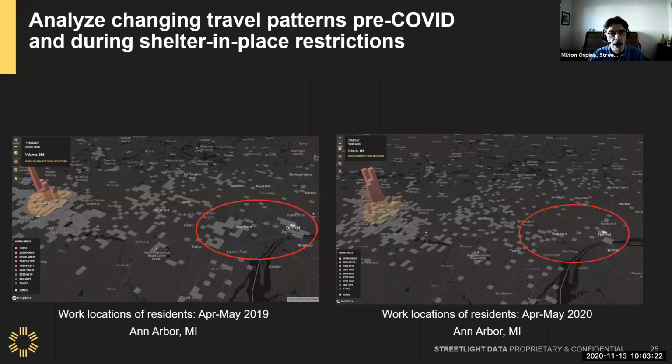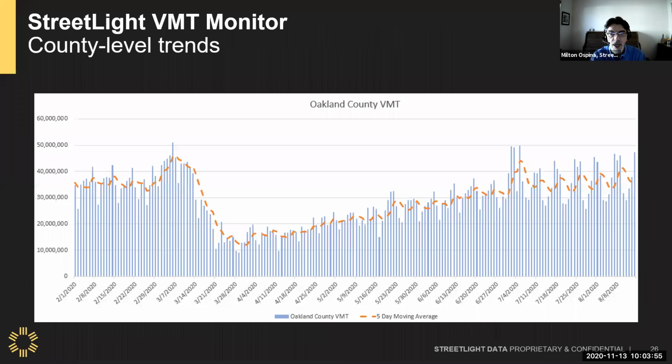What you see on the left side is lots of folks coming from Ann Arbor to work in the Detroit area, where on the right side you see that a lot of those trips have dropped, but the number of trips actually happening within Ann Arbor have gone up. So it allows you to look at what's happening in that community, and what else needs to be done in order to help with the different types of measures that the previous speaker talked about.